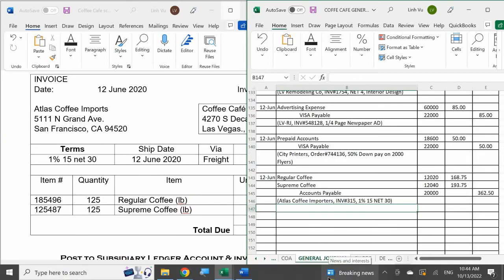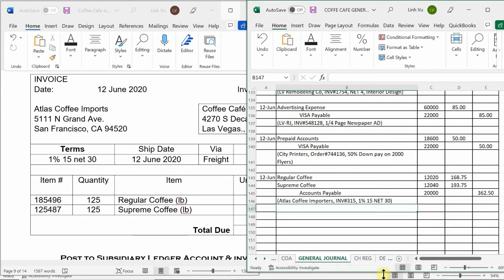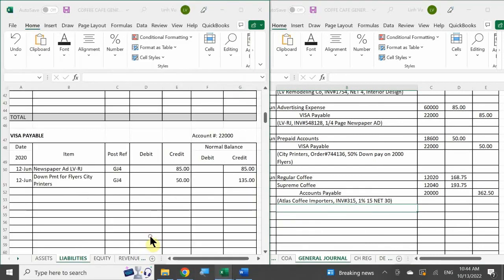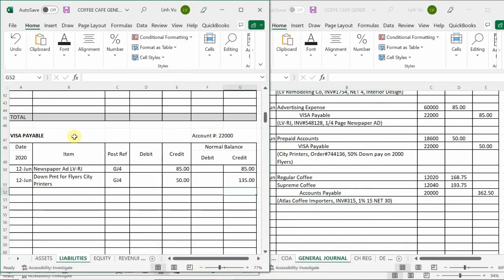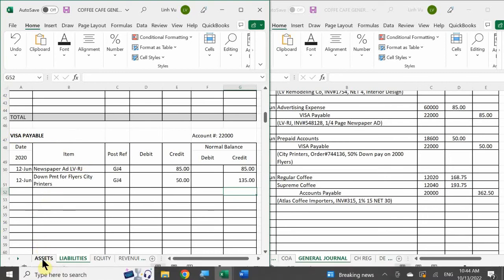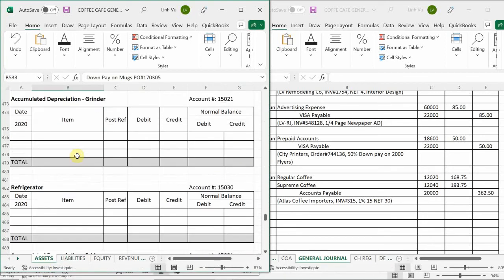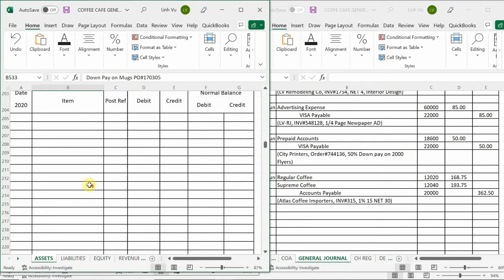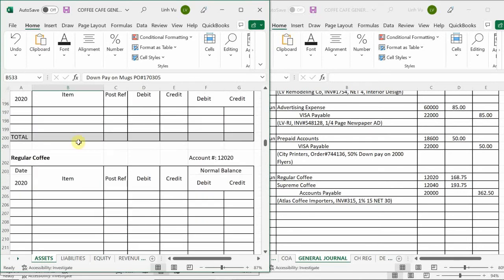Now let's go ahead and update my accounts because now I owe more money. And I received my inventory, my coffee. So I need to go ahead and plug that into my ledger accounts. Starting with your assets, right? We purchased inventory. So therefore, I'm going to update my inventory accounts right here.